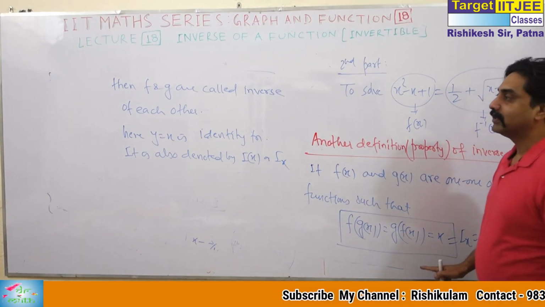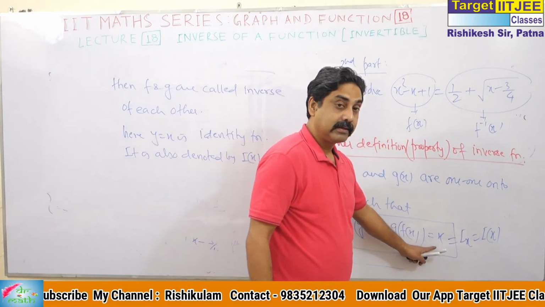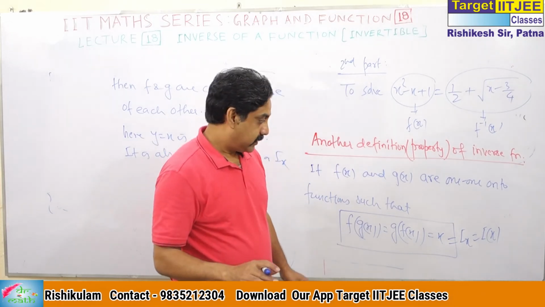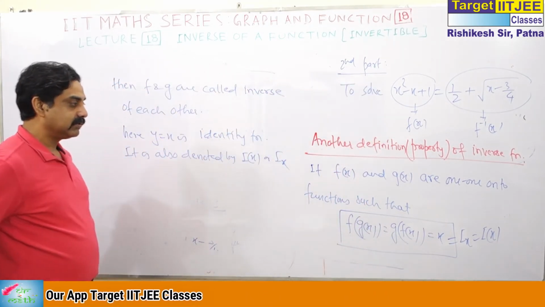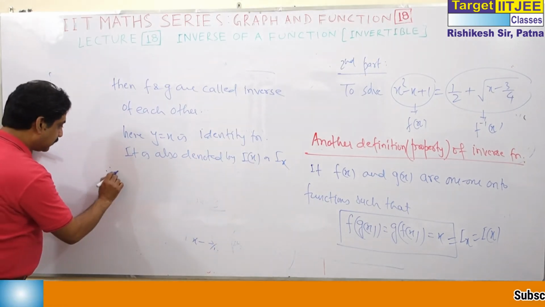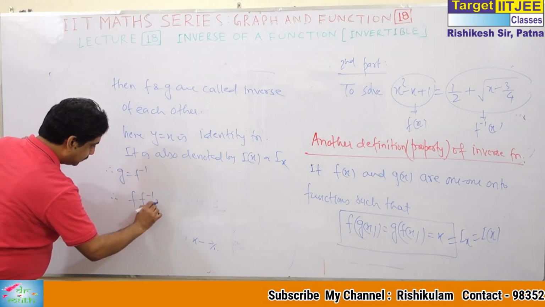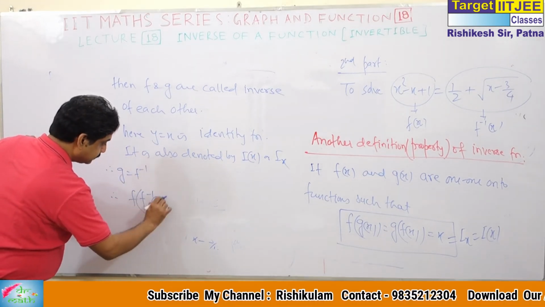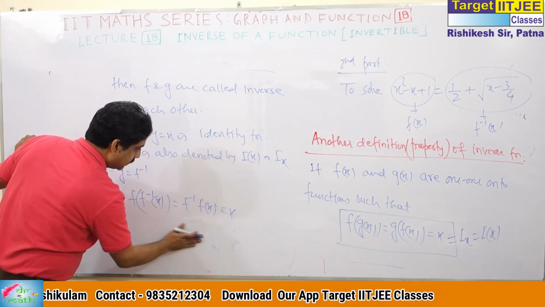But what is the identity function? y is equal to x. This I is written here just to emphasize that finally we get the identity function. This is one of the definitions of inverse function. Since g is f inverse, this is the property: f inverse f(x) is equal to x.